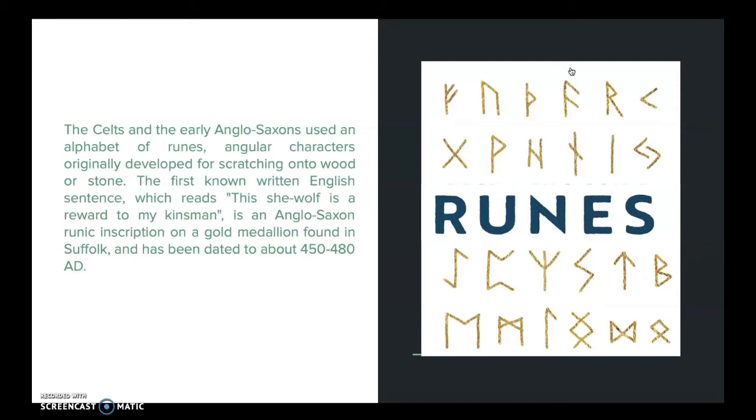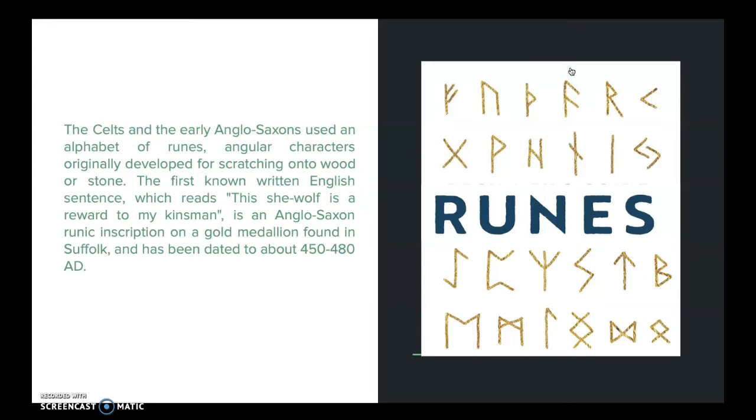During this period of Old English, the Celts and the Anglo-Saxons used an alphabet called runes. This alphabet of runes is characterized by angular characters that were originally developed from scratching into wood or stone.